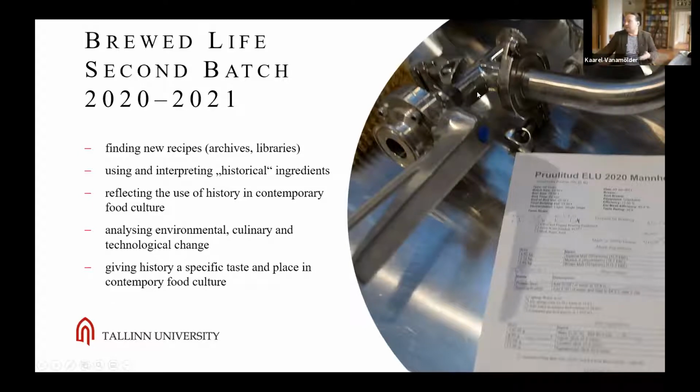And here you see a picture of the brewing process, when we had already written down the recipe and what we were going to do. We were brewing a Mannheimer beer here, and you see it is already the interpretation of the brewer.